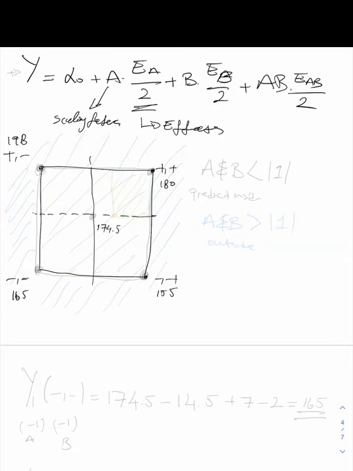So these four corners are your experiments that you've done, and then the origin is the mean of all the experiments. So that's your origin point. And the equation y here is going to predict how your system behaves in between these A and B values.